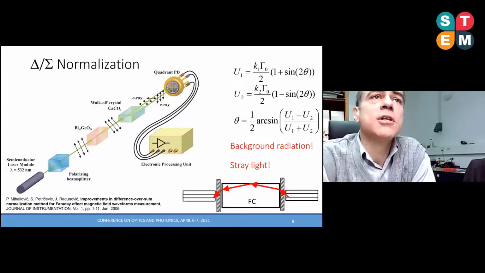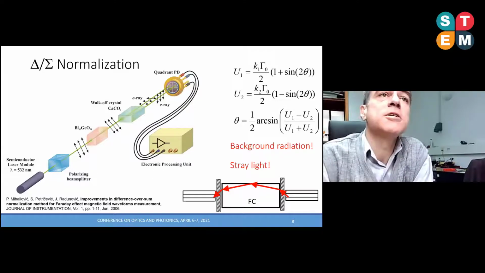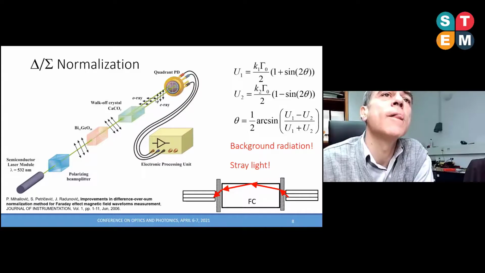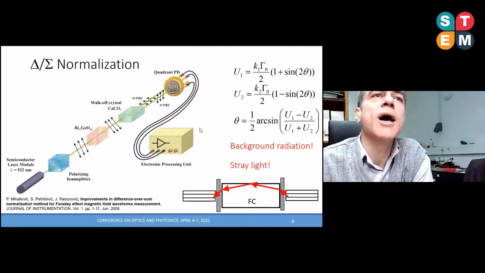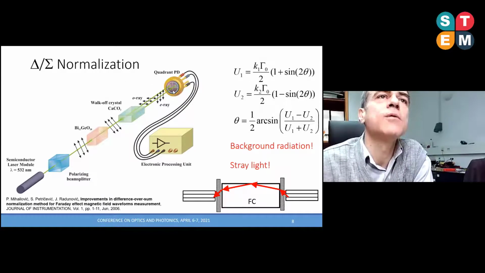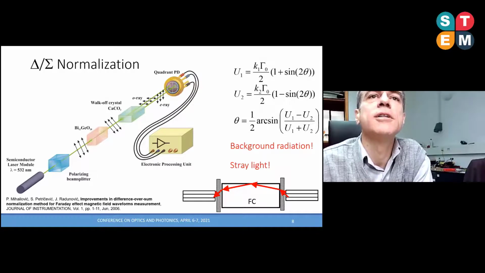But note that there are two possible problems. The first of the problems is that you cannot actually compensate for different losses once you split the optical beam in two components. And the other problem is background light. If you have background light falling on the detector, it's going to disappear in the difference, but it will not disappear in the sum.